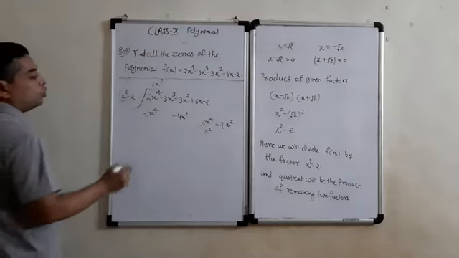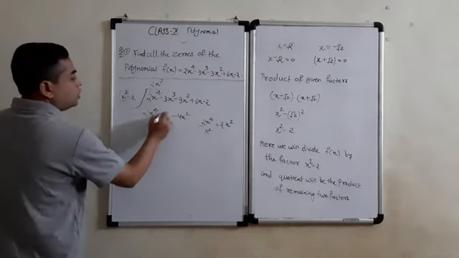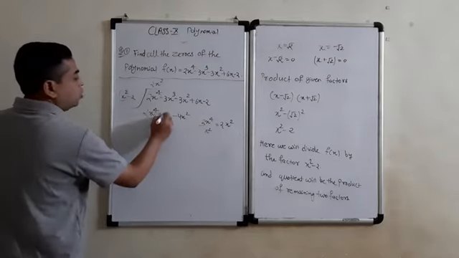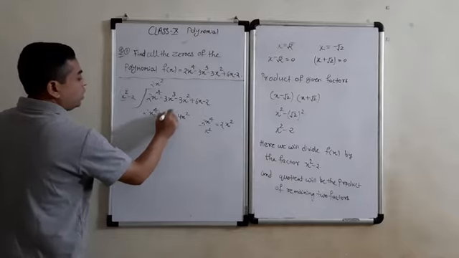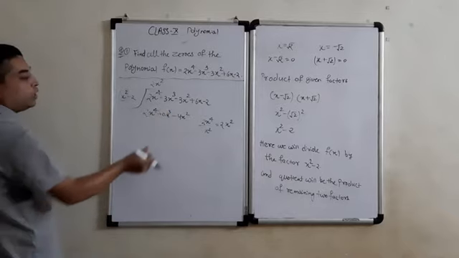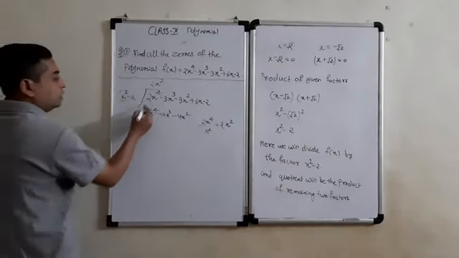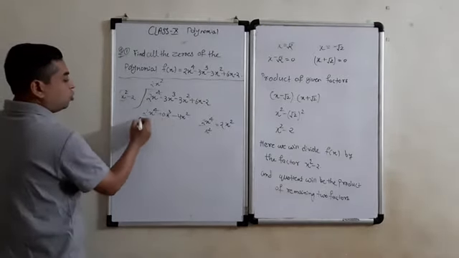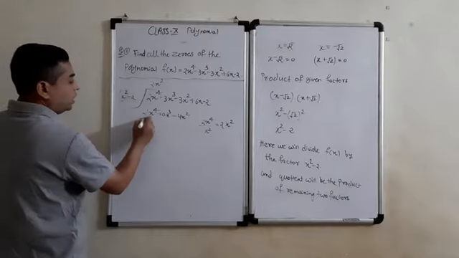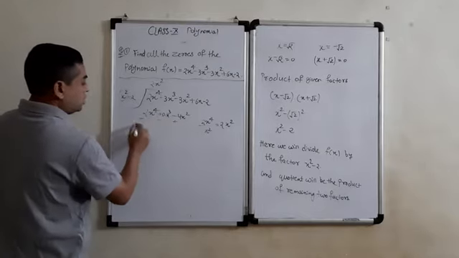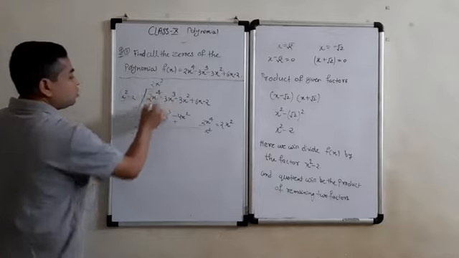Here there is no cubic term, so we can write 0 into x cube, because the coefficient of the cubic term will be 0. Now we will change the sign of the lower polynomial, positive becomes negative, and this will be cancelled out.